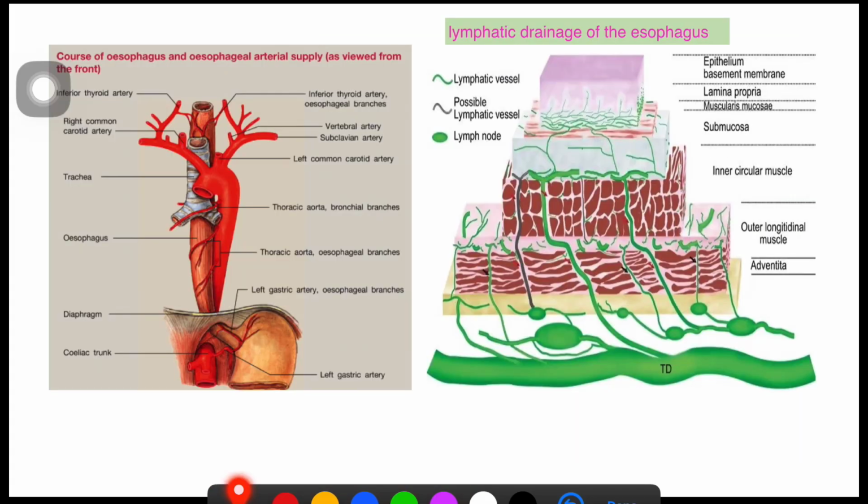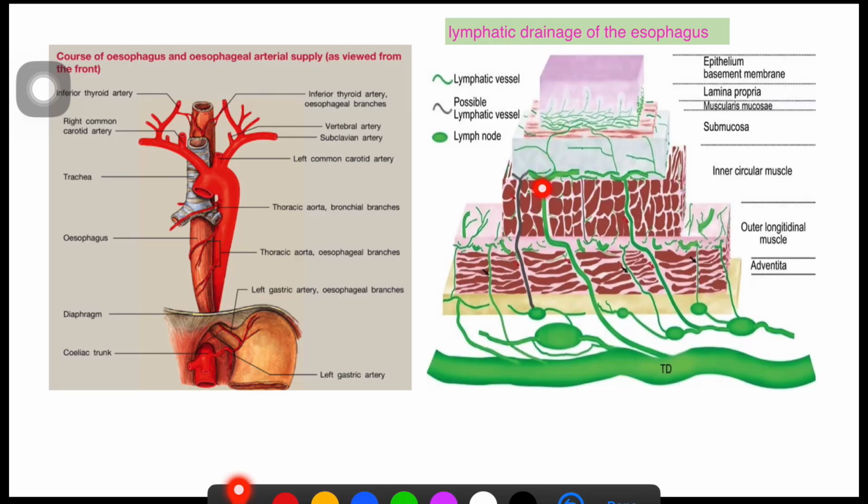So here you can see vessels, arterial supply, and here you can see lymphatic drainage. So this is called the longitudinal lymphatic drainage system. So starting from epithelium to lamina propria, submucosa, inner circular and outer longitudinal layers, to adventitia, to thoracic duct.